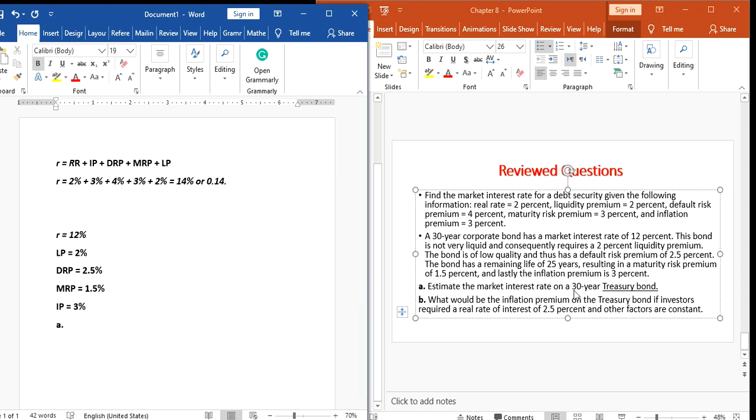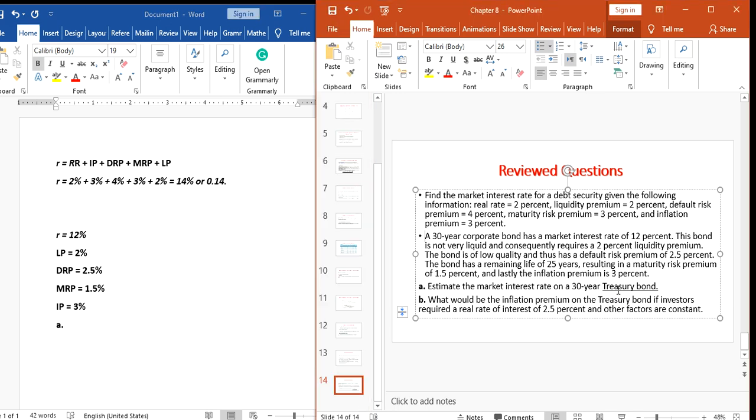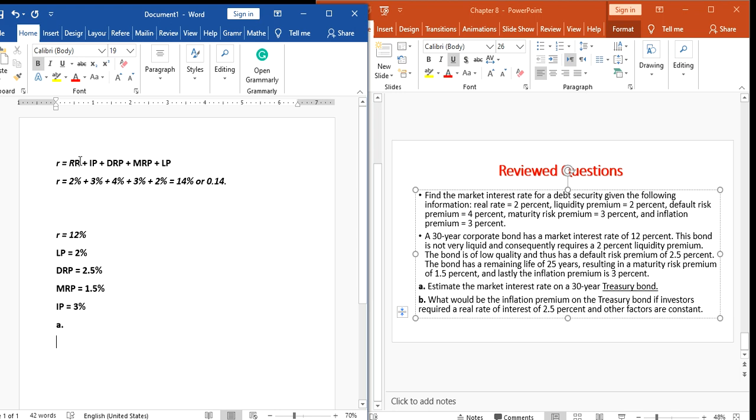Estimate the market interest rate of a 30-year treasury bond. Whenever we talk about market interest rate, a 30-year treasury bond means a government bond, the benchmark. This is the same as the real rate of interest.